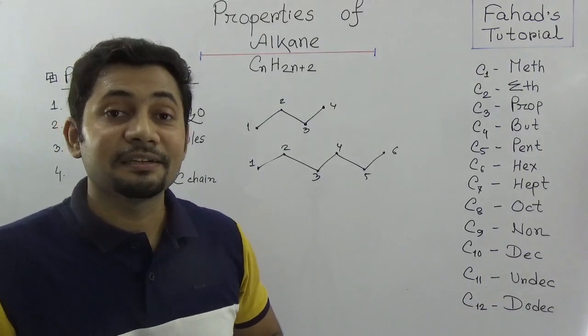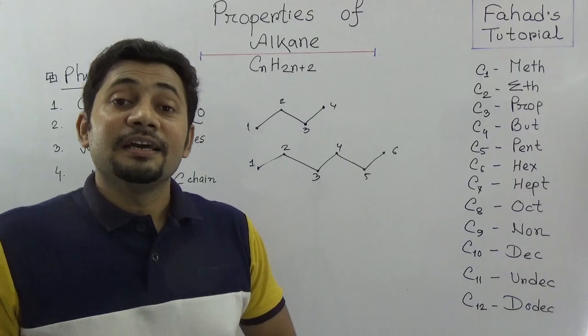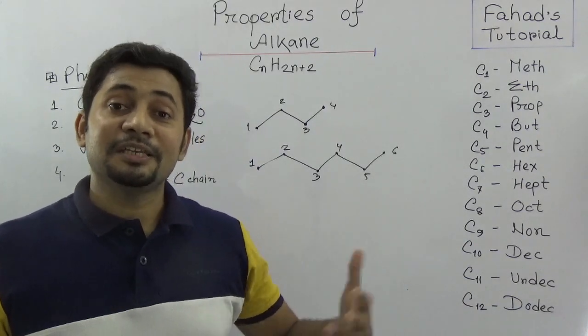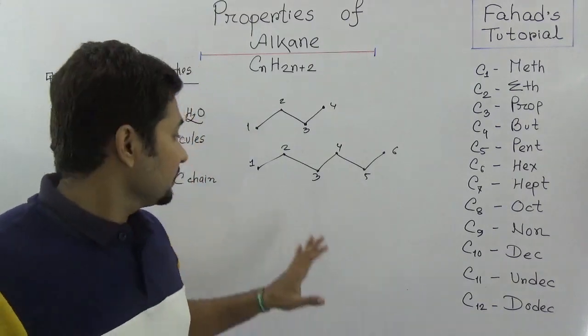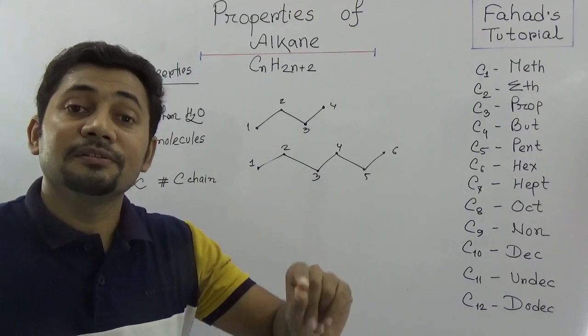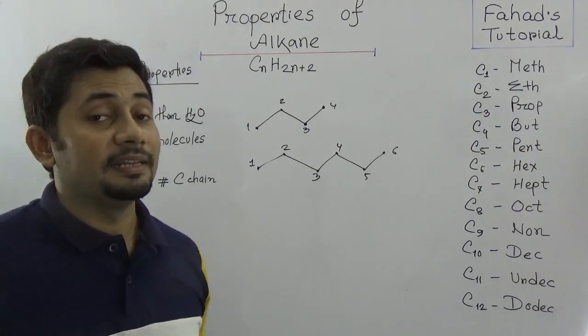So if you increase the number of carbons, the chains also increase, and that is why it requires more heat to reach its melting point, and that is why the melting point and the boiling point of alkanes depend on the number of carbon chain. The more carbon chain, the higher the melting and boiling point.